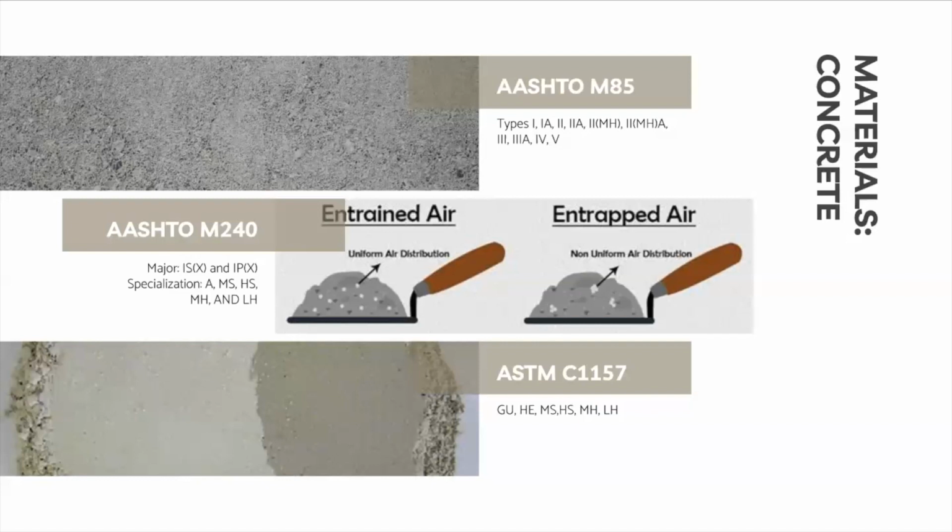Lastly, hydraulic cement types under ASTM C1157 include GU for general use, HE for high early strength, MS for moderate sulfate resistance, HS for high sulfate resistance, MH for moderate heat of hydration, and LH for low heat of hydration, catering to diverse construction needs.